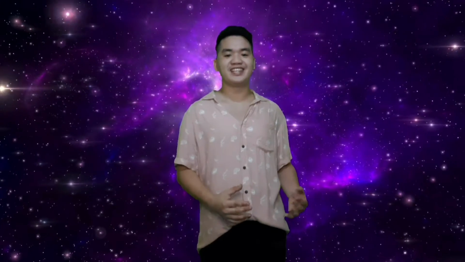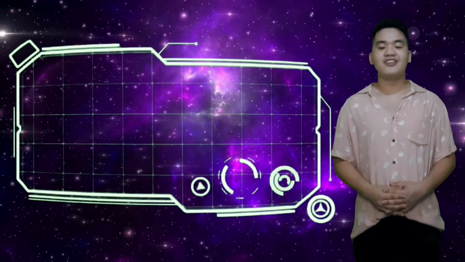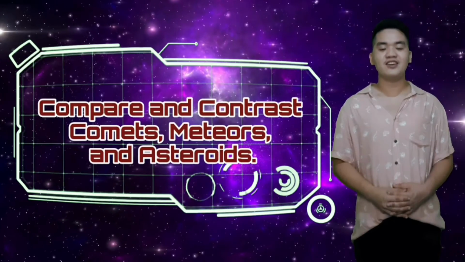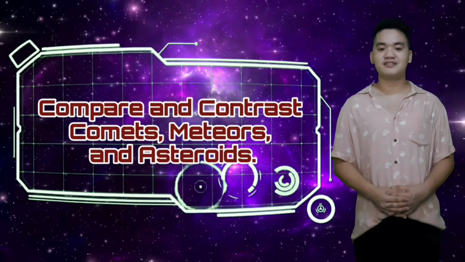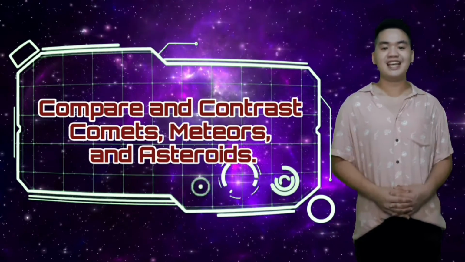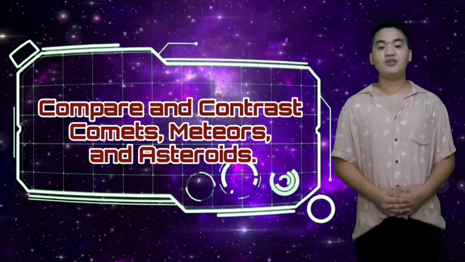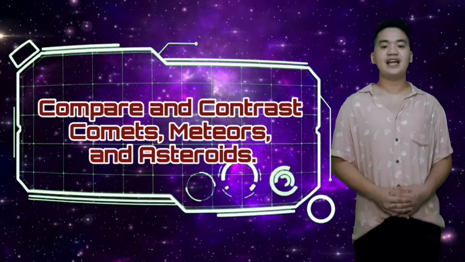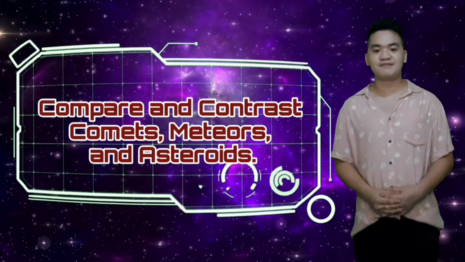Come on, students! Let us know our lesson objectives. This session will cover our most essential learning competency, that is to compare and contrast comets, meteors, and asteroids. Most especially, you will learn the following lesson objectives.